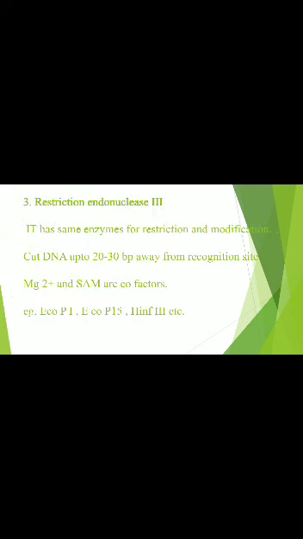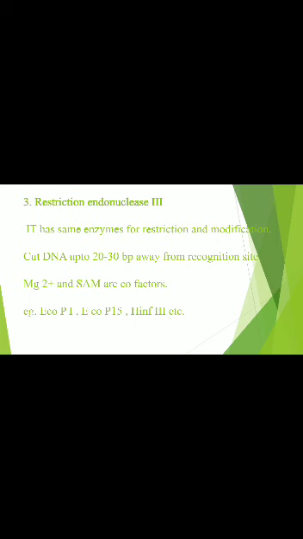Restriction endonuclease 3. It has the same enzyme for both restriction and modification, just like restriction endonuclease 1. They cut DNA 20 to 30 bp away from the recognition site. Mg2+ and S-adenosyl methionine are cofactors.